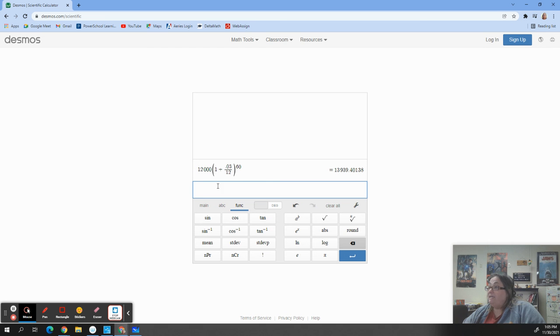So let's look at that PERT problem, right? We're saying that we have 12,000 as our principal. Then we have E raised, and for what we're raising it to, I'm going to put it in parentheses. I'm going to go 0.03, close parentheses, and then open another parentheses and multiply that sucker times 5.